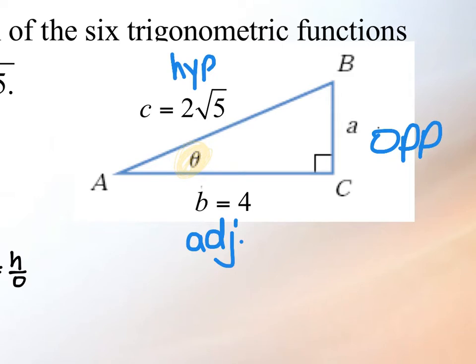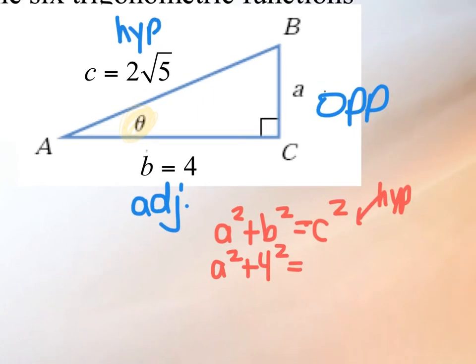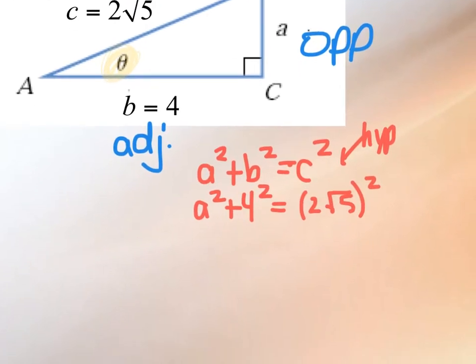The Pythagorean Theorem. So I have a squared plus b squared equals c squared. C is my hypotenuse. So I know that one of the sides is a squared. I don't know what it is. I know the other side is 4 squared. And I know that the hypotenuse is 2 radical 5 squared, right? Everybody with me? Okay, so if we simplify this, we have a squared plus 16 equals.